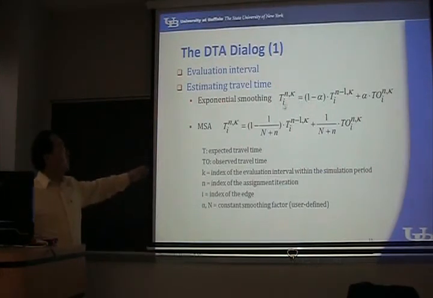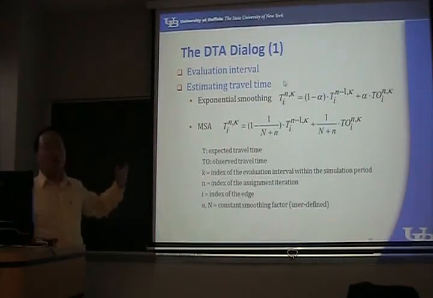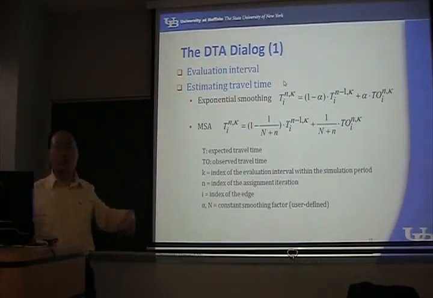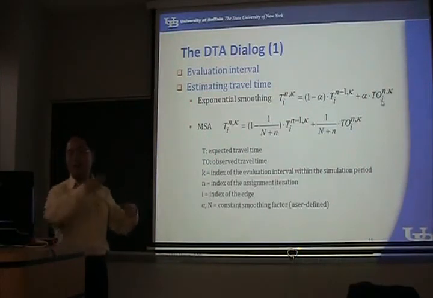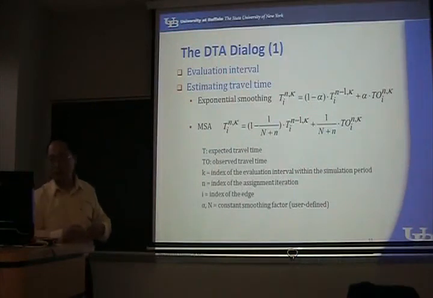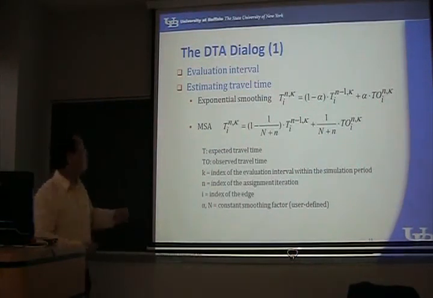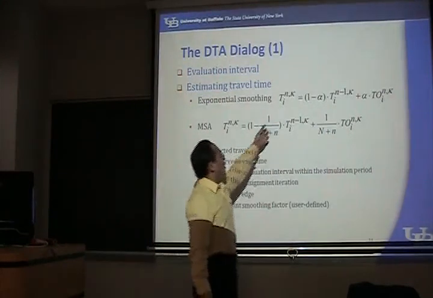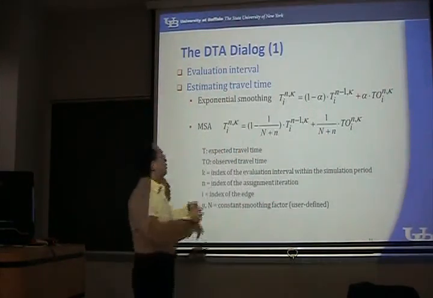So the expected travel time that is going to be used in this iteration will be a function of the expected travel time of the last iteration and the observed travel time in the last iteration. Or this one, which I think is going to be used in the next time.